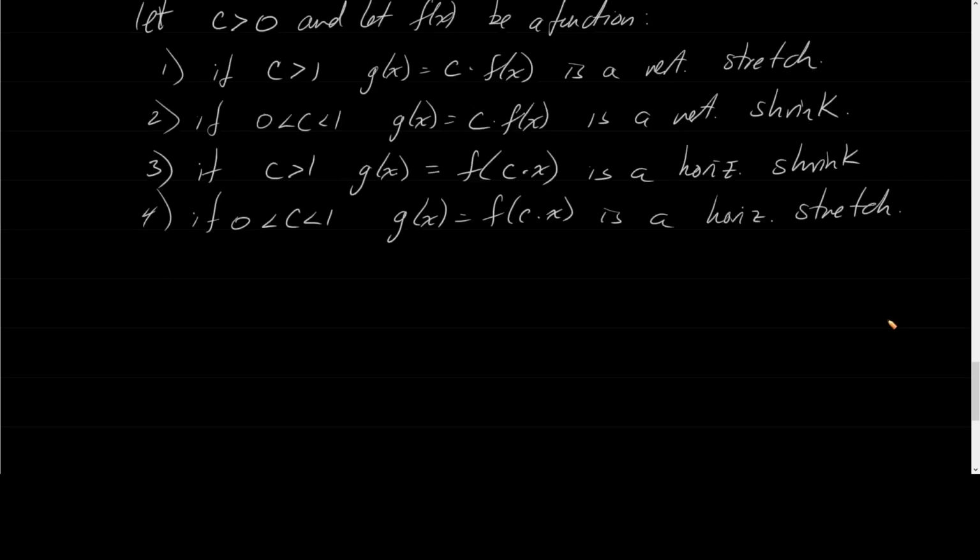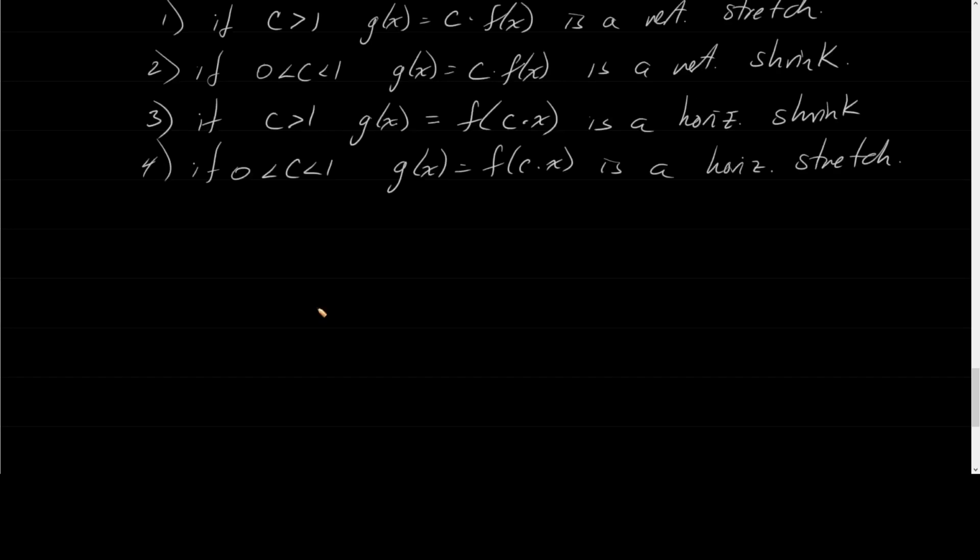So what do I mean by that? Let's look at some of these. Let's just get an idea of what one of our curves might look like. If I've got some curve that looks something like this, let's say this is my original curve.